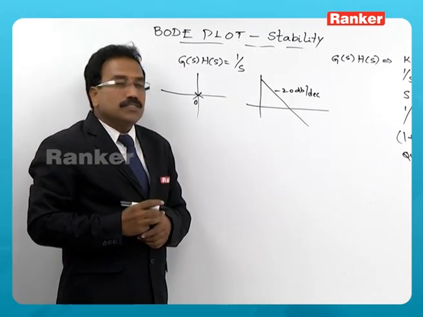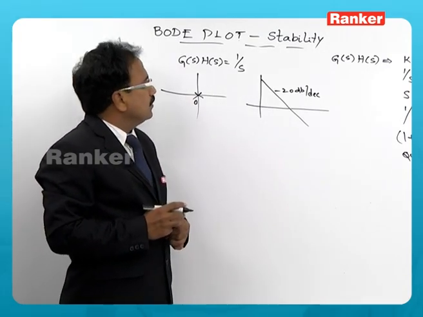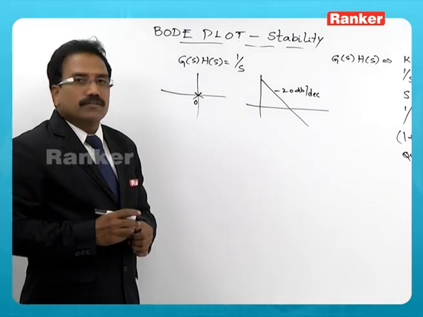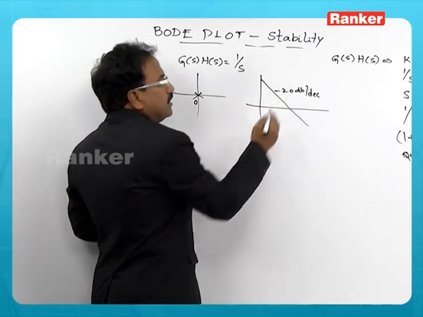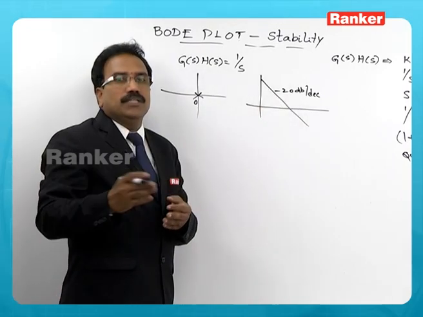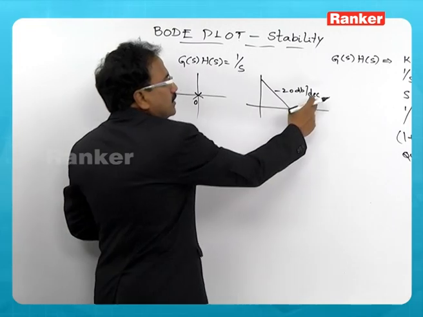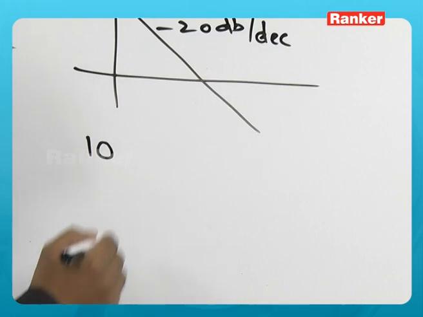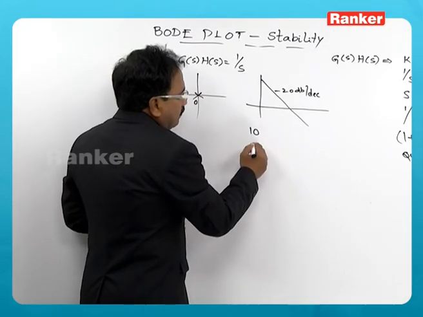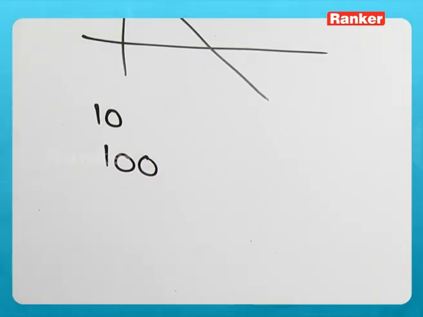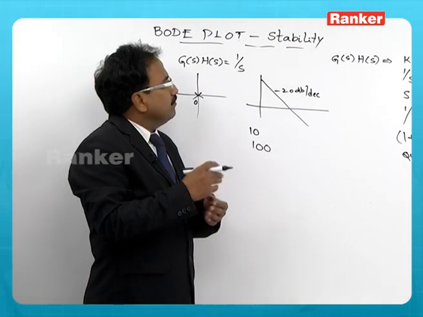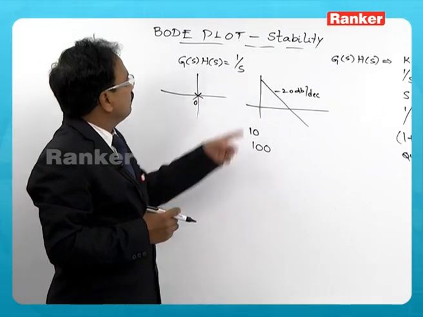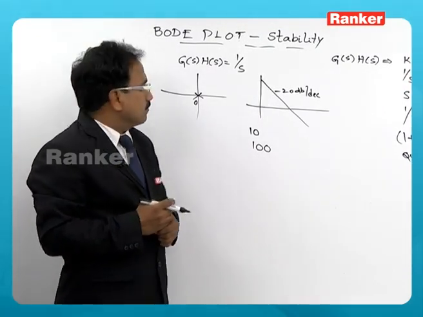If there is a pole at origin, the slope of the magnitude plot will have minus 20 dB per decade. The meaning of this, the slope changes at 20 dB per decade. Decade means the frequency is increased 10 times. That means, when I say the frequency is 10, then when frequency becomes 100. Okay. So, for every 10 times the slope changes at minus 20 dB if there is a pole at origin.